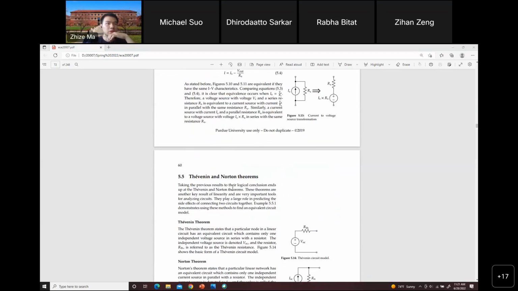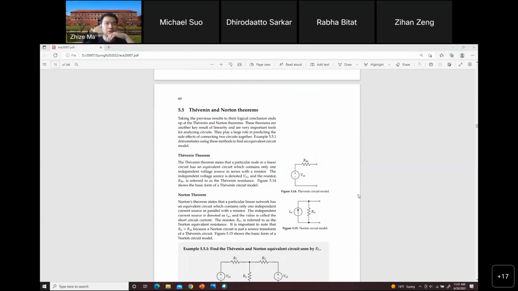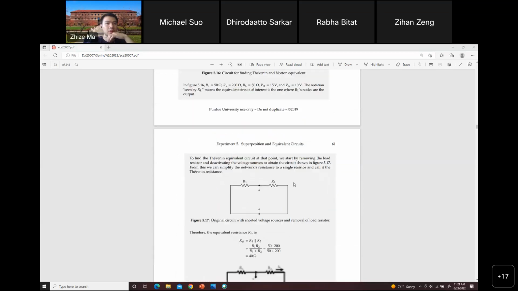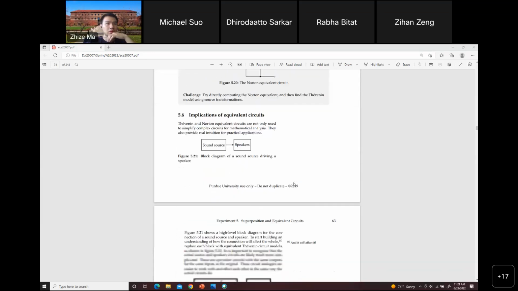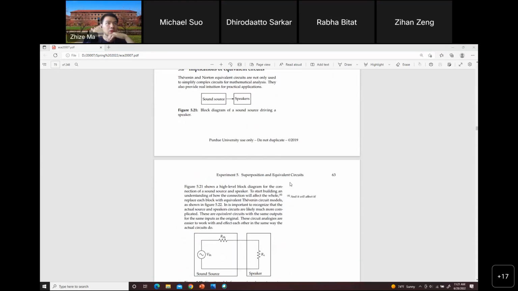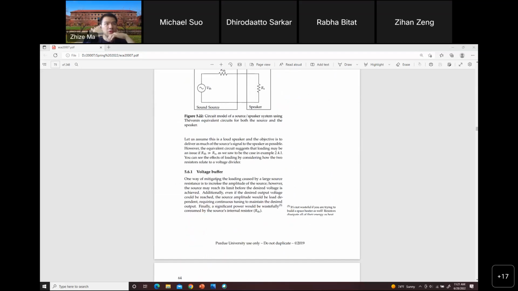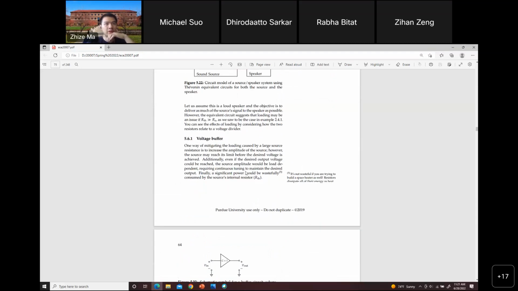Make sure you understand the Thevenin equivalent circuit and the Norton circuit model right here, and also the voltage buffer. Make sure you understand what a voltage buffer is. We will use a voltage buffer in the final project, so make sure you understand why you need a buffer.